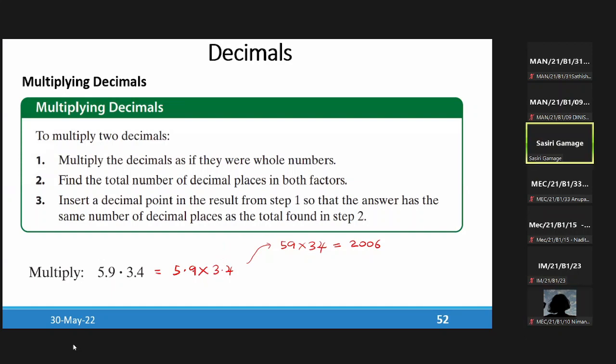How many total decimal places are in these two numbers? Here 5.9 has one, and 3.4 has another one. That means altogether two decimal places. Then we keep the two decimal places in this answer. When we keep one, it is 200.6. When we keep two, it is 20.06.